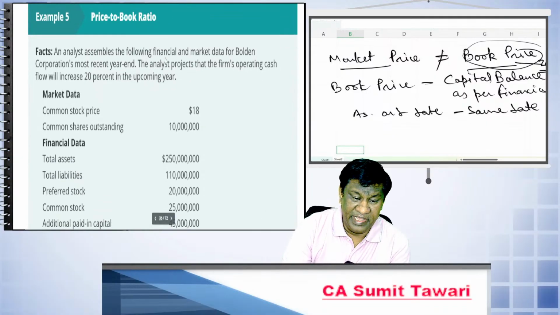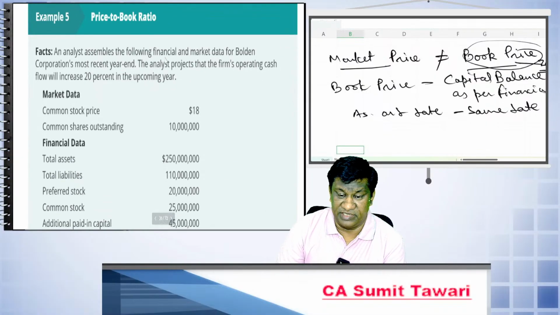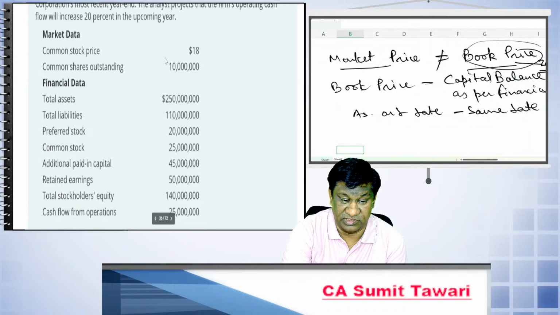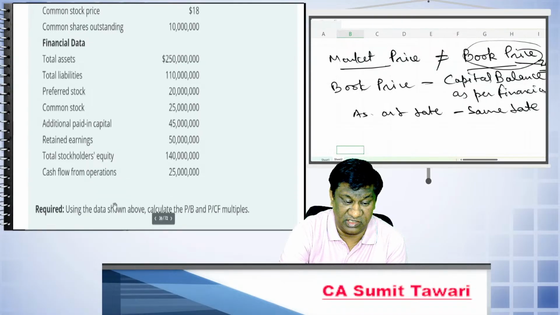Okay, so an analyst assembles the following financial and market data for Bolden Corporation's most recent year end. The analyst projects the firm's operating cash flow will increase 20%. Market data: common stock price and common shares outstanding, and then the financial data they gave. As I said, cash flow from operation we need to use. For price to cash flow ratio, we need to use the cash flow from operation, not the total cash flow.